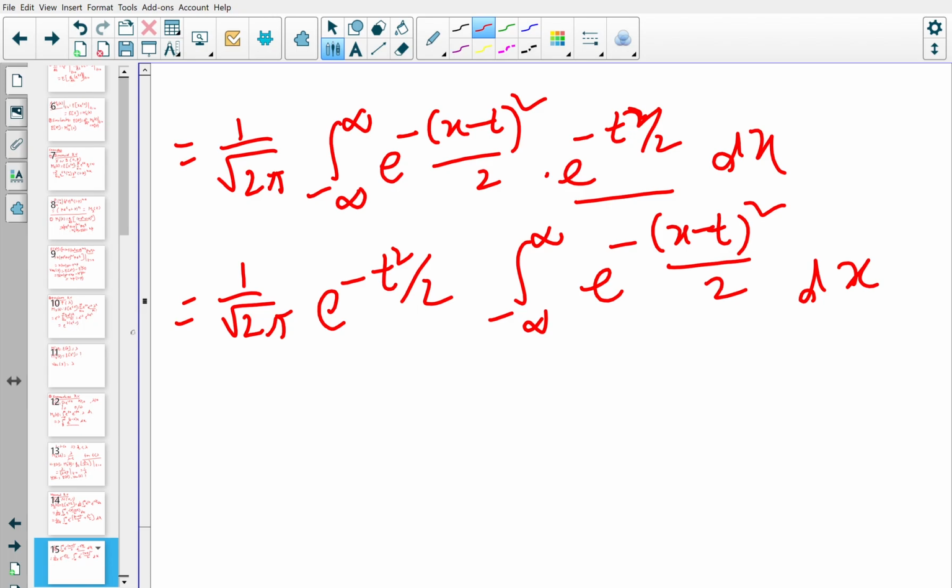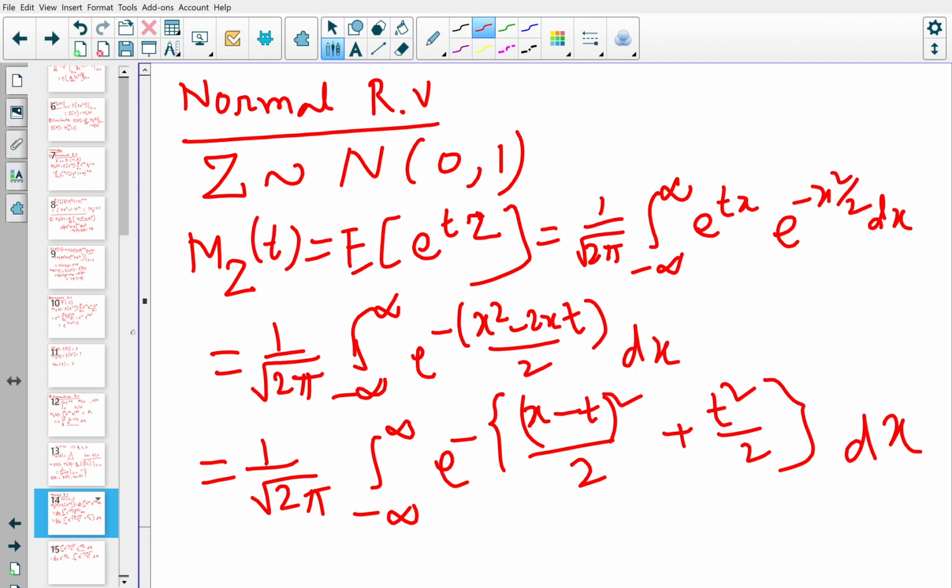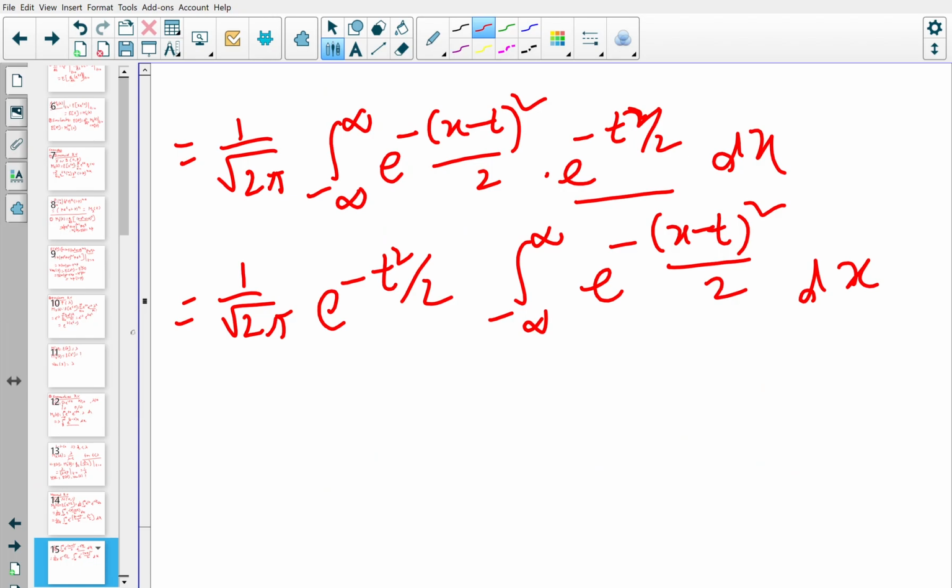Sorry, I think I made a sign error. When you add and subtract, minus minus becomes plus, so this should be plus t square by 2, and so it is e power t square by 2 outside, and then this integral.